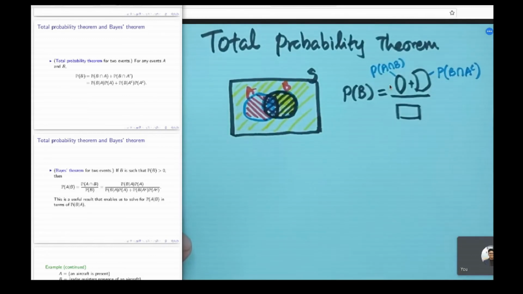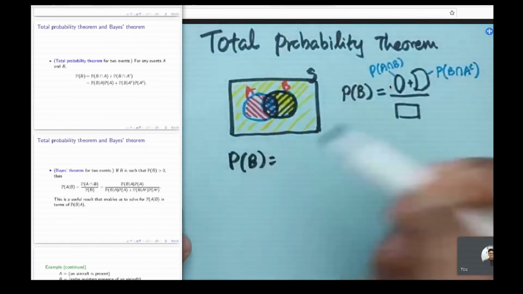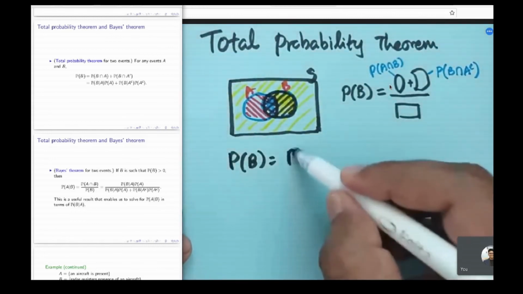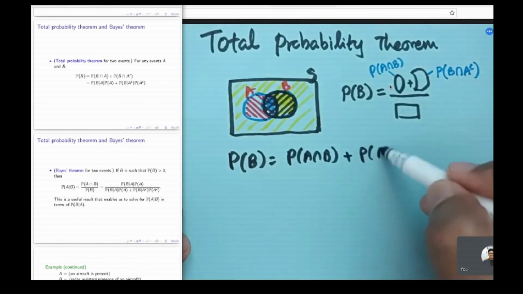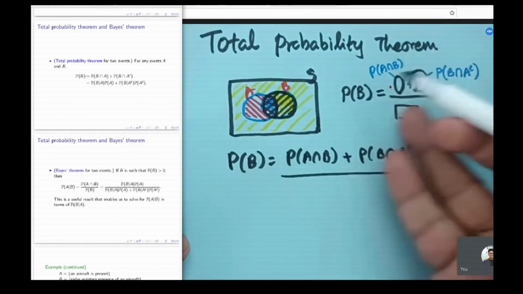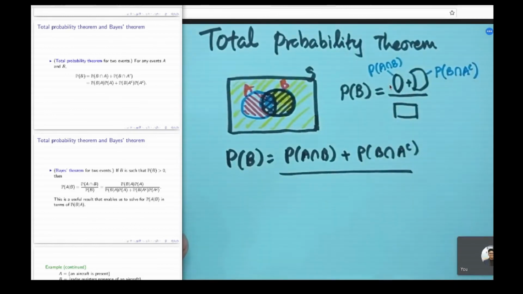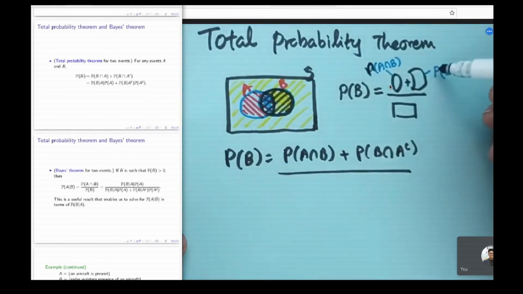Now, if you take this, what do you have? The probability of B is equal, I'm going to use the notation now, to the probability of A intersection B plus the probability of B intersecting with A complement. Sorry, you don't need to divide, because this is actually the sample space, the n total, so you get the probability.